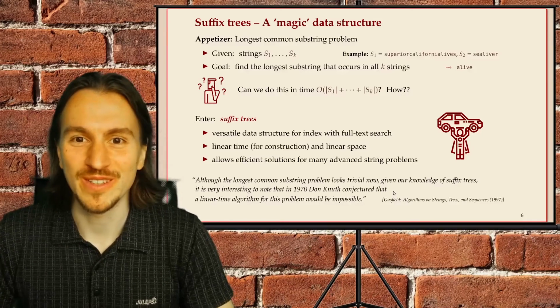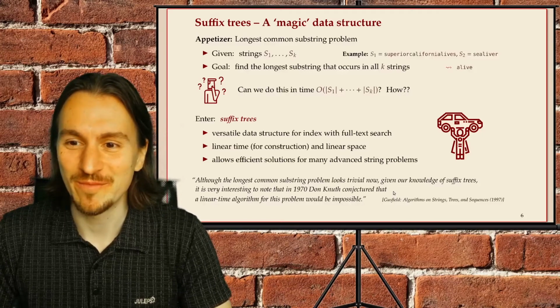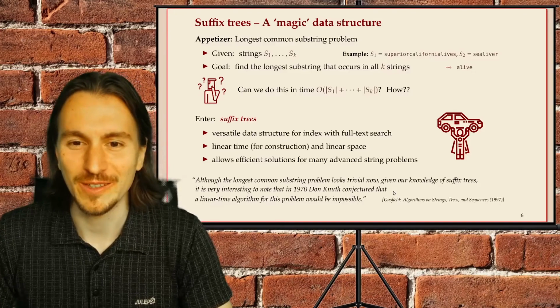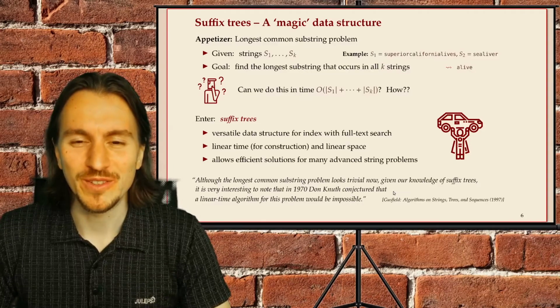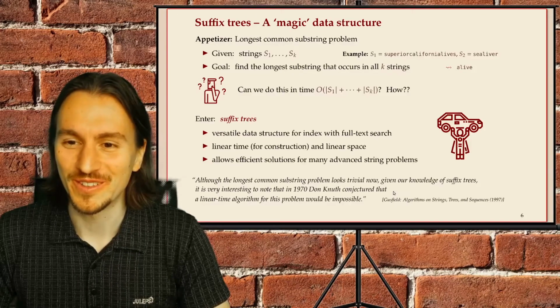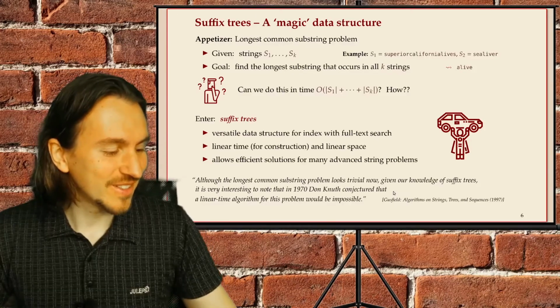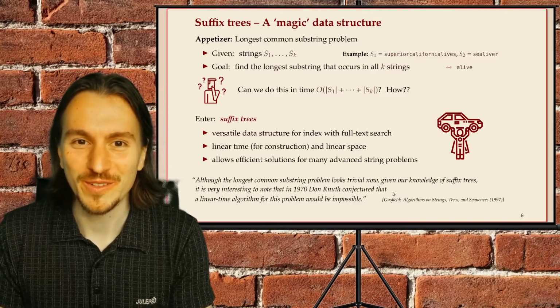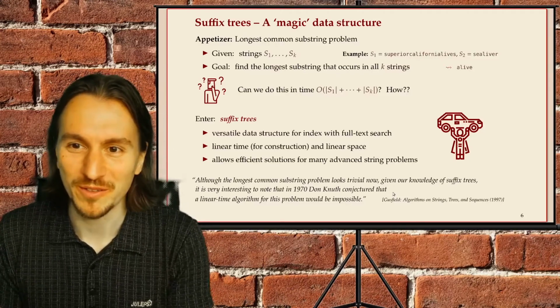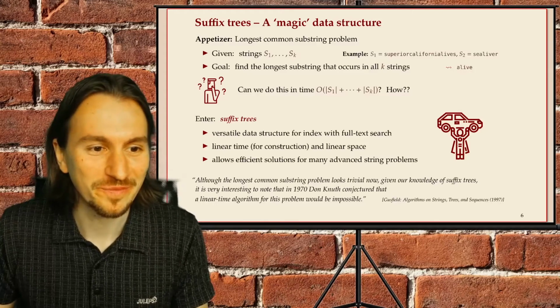That's what happens in science all the time, or occasionally and repeatedly, maybe not all the time. But it's still remarkable because he was right with many other conjectures. So this is interesting, and it also maybe motivates you a bit more to learn about what this magic data structure really is.